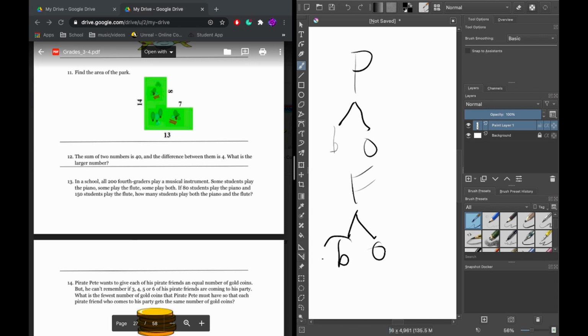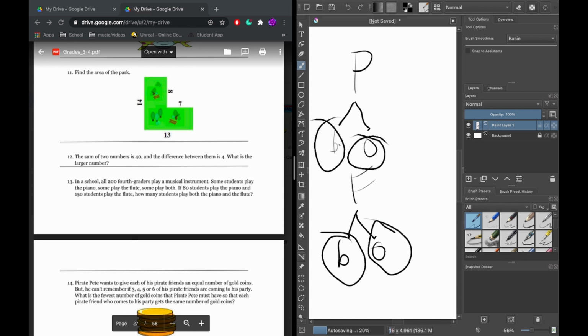So you see here that both is repeating 2 times. And only is not repeating 2 times, because these are the only of each thing. So this is the only of piano, and this is the only of flute. So there's nothing wrong with the onlys. It's just the both is doubling.